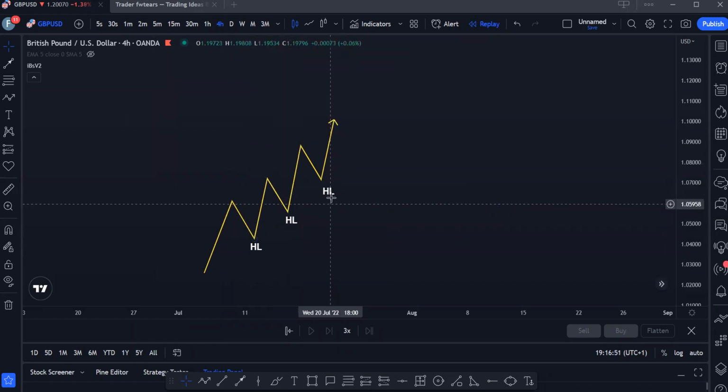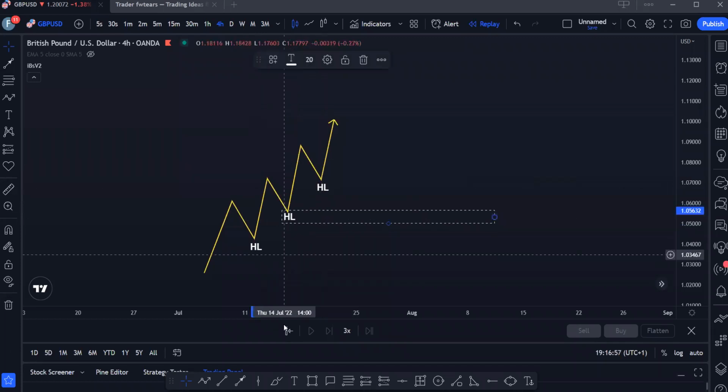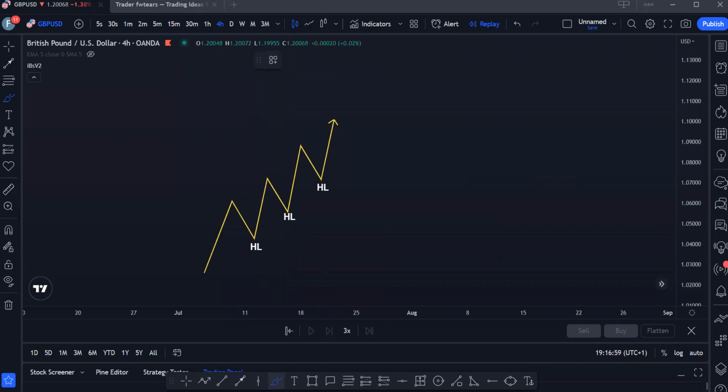For an uptrend to change to a downtrend, price needs to break the higher low. This higher low needs to be violated. Once it's violated, that means the trend is about to come to an end. So let us draw this out.